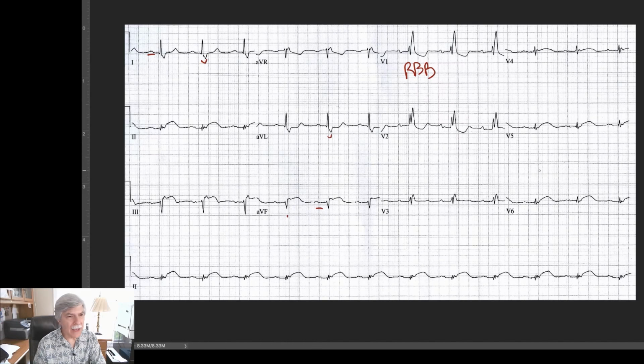But as we look at the anatomical regions of the heart, looking at 2, 3, and AVF, it's pretty clear, and anyone with any experience at all reading ECGs can see that there's ST segment elevation here. You can see it pretty well in 2, but especially 3 and AVF.